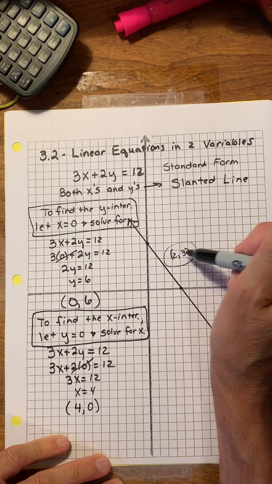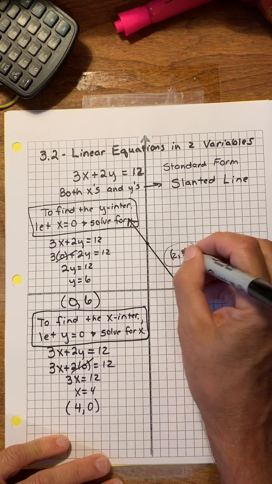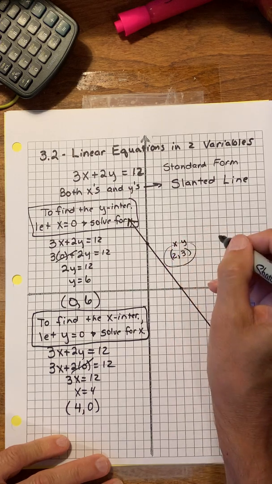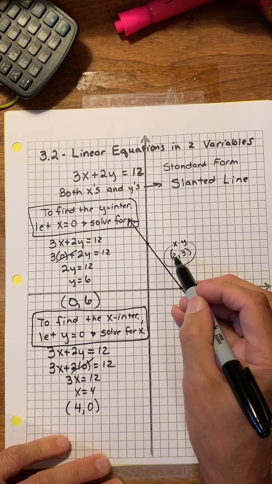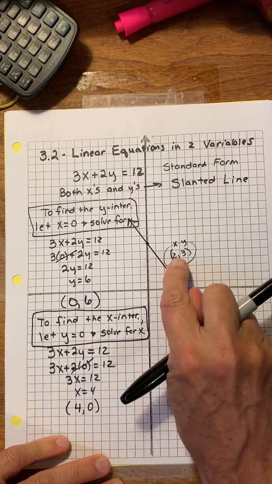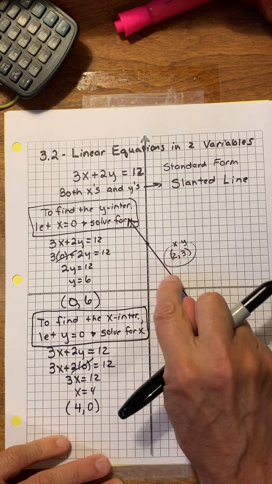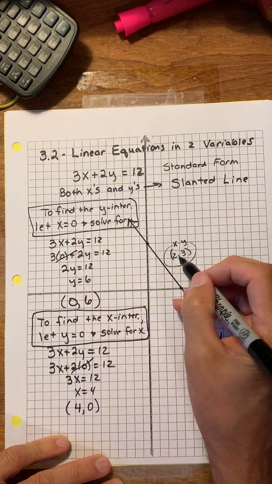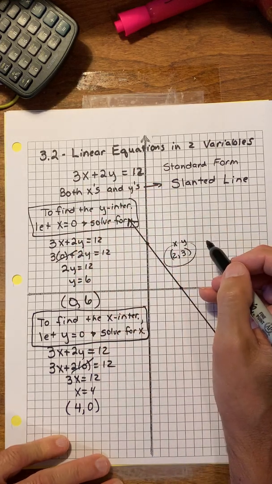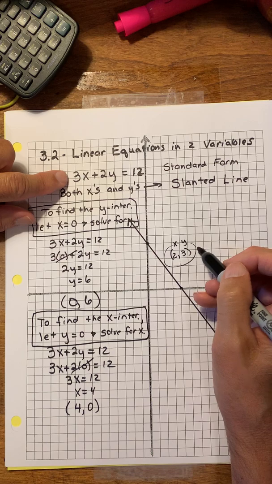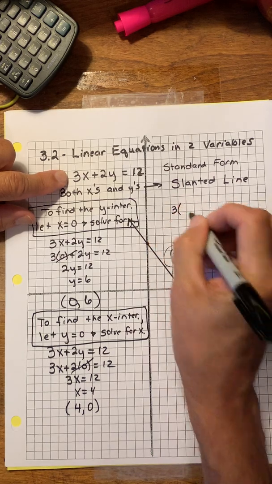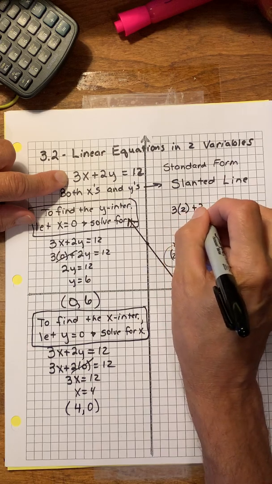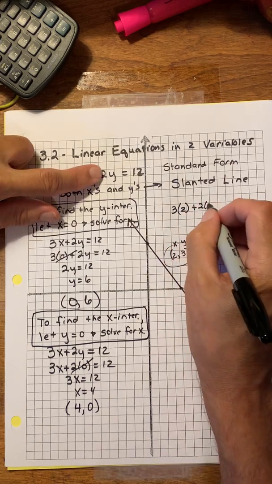How do I substitute a point into an equation? Well, keep this in mind. Every point is an x and a y. x is 2, y is 3. If this point is on this line, then when I substitute 2 for x and 3 for y, I will get a true statement. Let's see what happens. 3 times my x, which is 2, plus 2 times my y, which is 3.